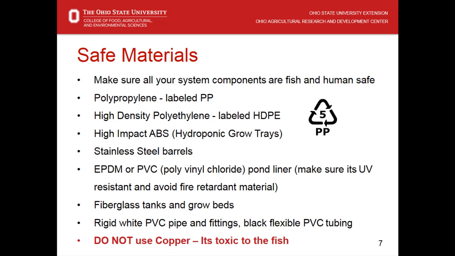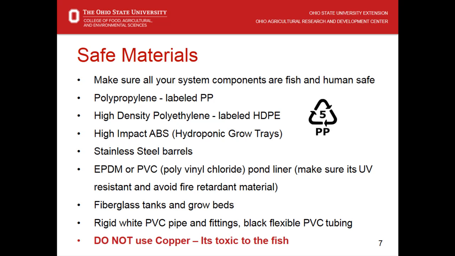All right, safe materials. This is something I feel gets overlooked a lot of times. When you deal with a system like aquaponics, you don't want anything leaching into your water, whether that's the plastic your tank is made out of or any of the metals that you use.